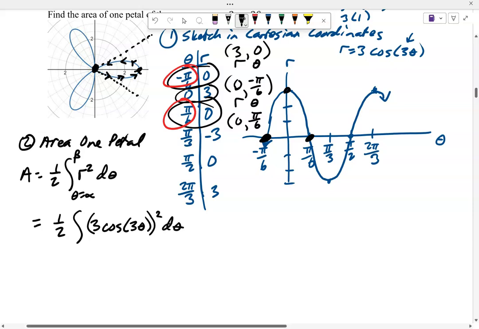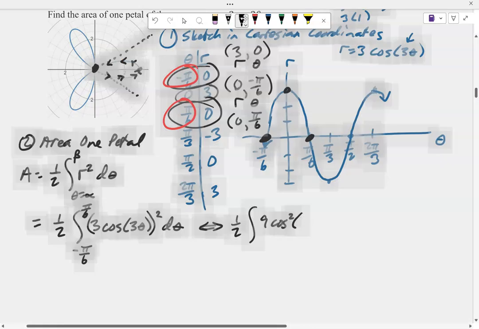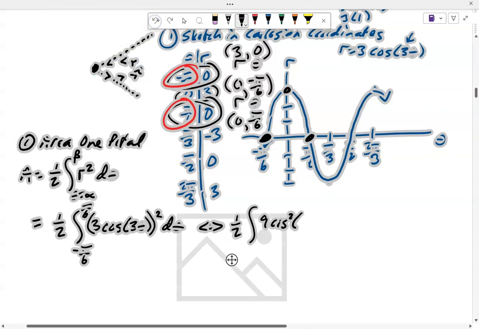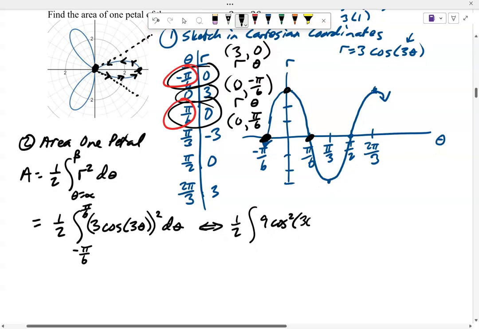And I'm going to do one petal, so I just want to go from negative pi/6 to pi/6. Let's just work this out. I got 1/2 times 9 cosine squared 3 theta d theta, from negative pi/6 to pi/6.